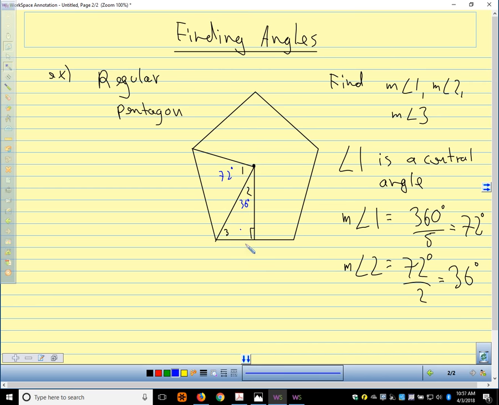Well, now we have 2 of the angles in this triangle, so we can figure out the third. 90 plus 36 is 126. Subtract from 180. So the measure of angle 3 is 54 degrees.